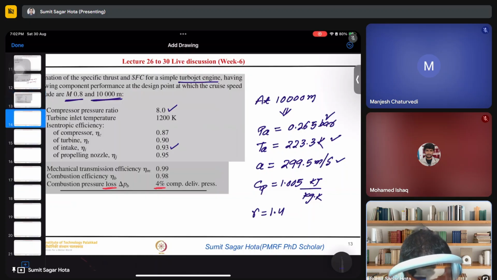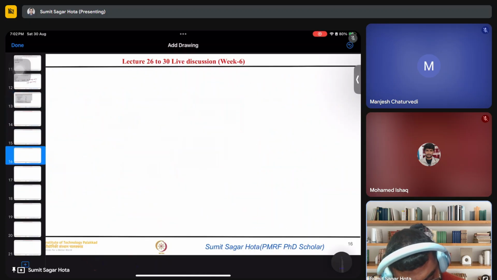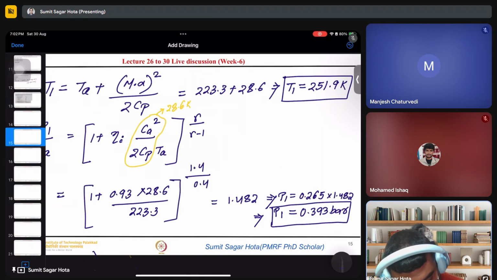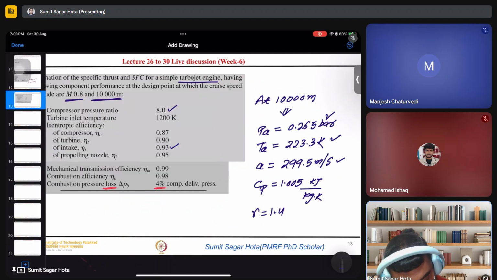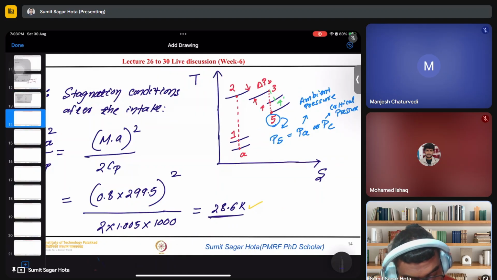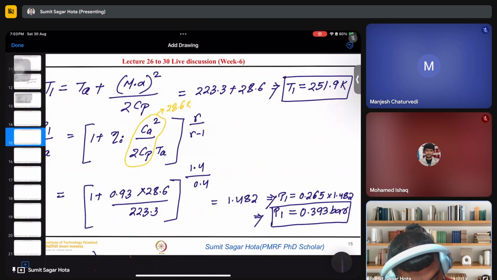The compressor operates between which pressures, 1 to 2? That means P2 by P1 is already given as 8, and we already have P1. So you can directly calculate P2 by multiplying 8 into 0.393.